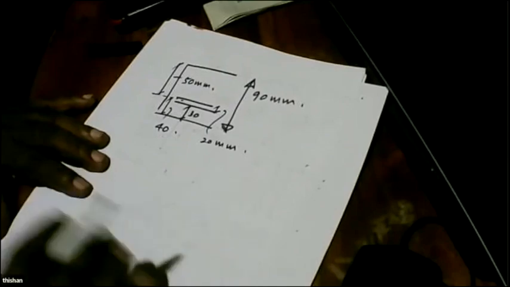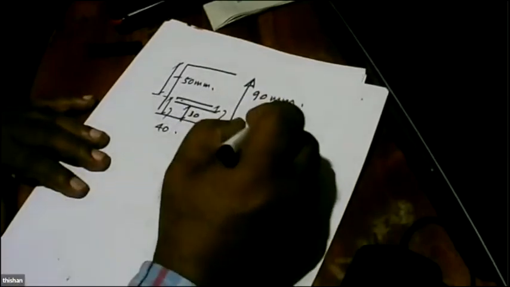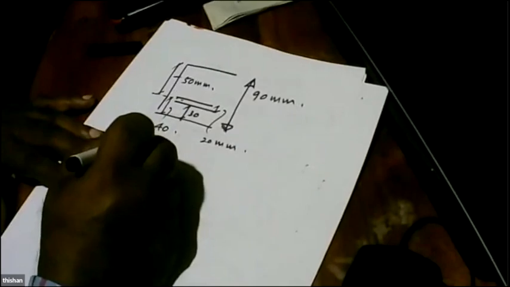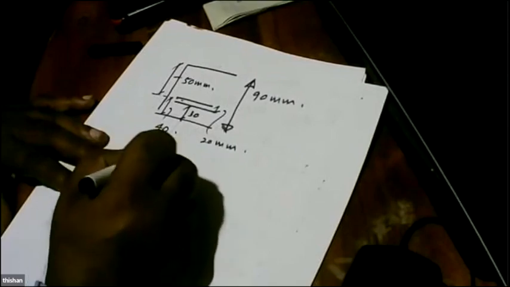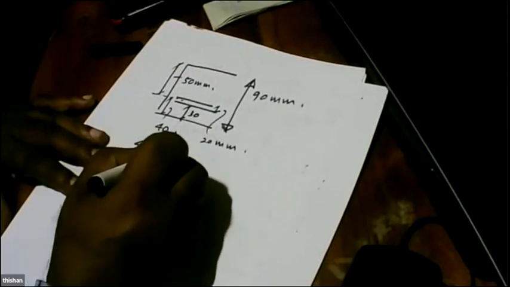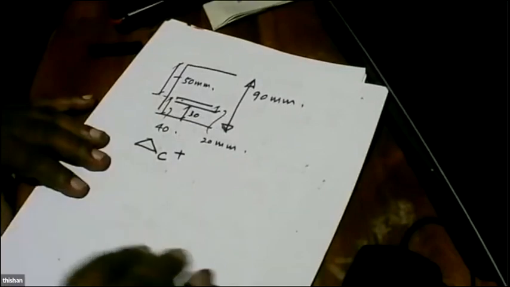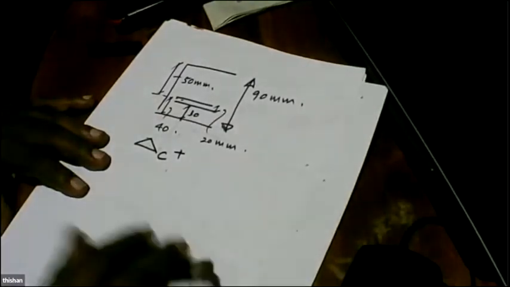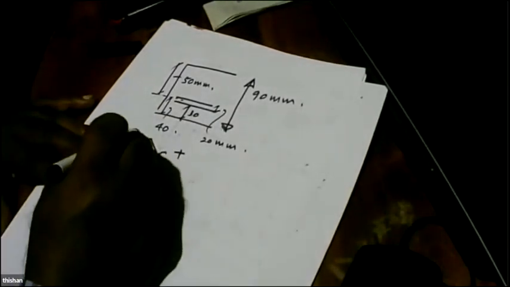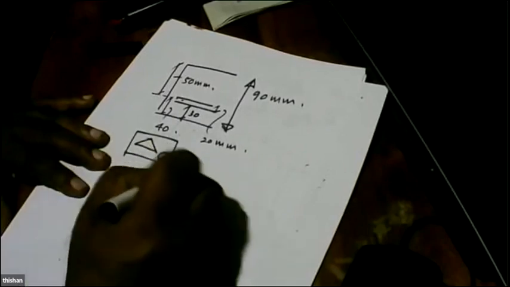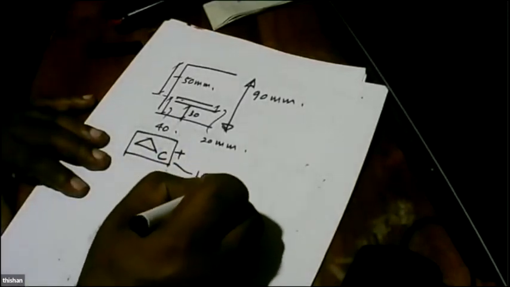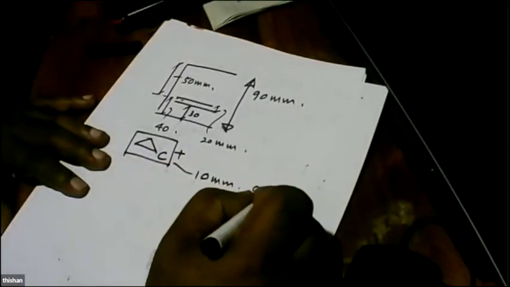Now you can ask a question. In Eurocode, whatever the cover given by the guidelines that I have shown you, they say there should be another additional cover of 10 millimeter to allow for construction tolerance.